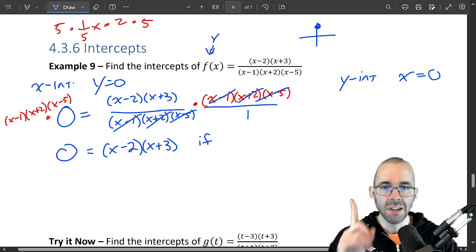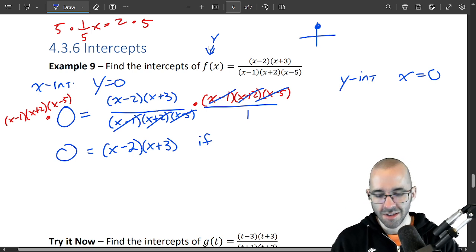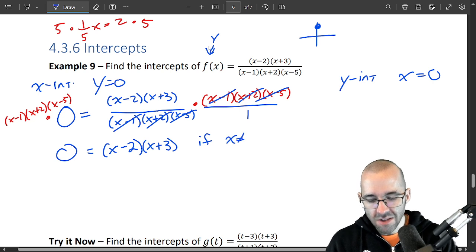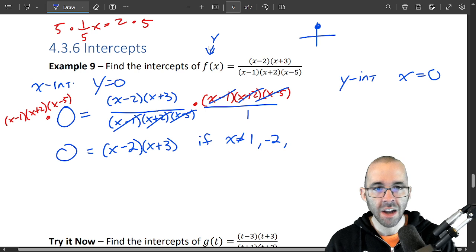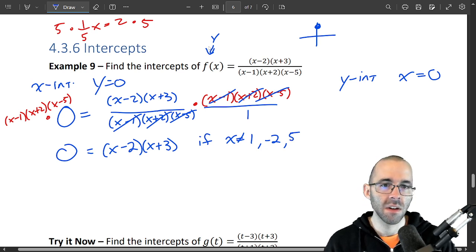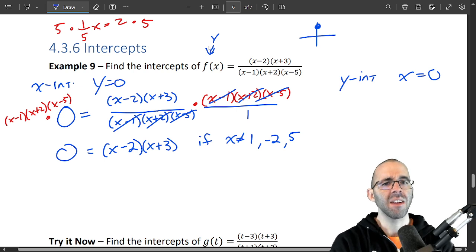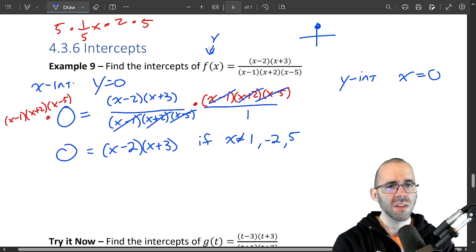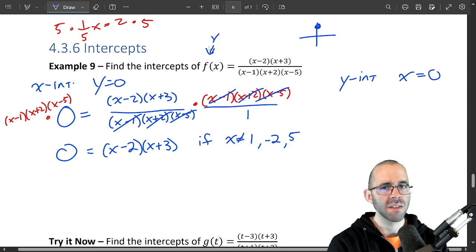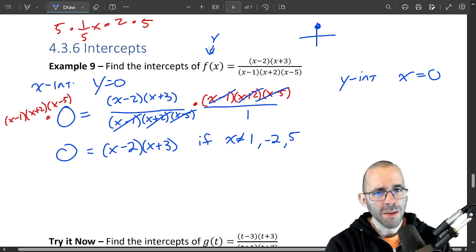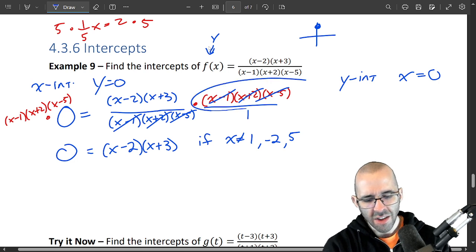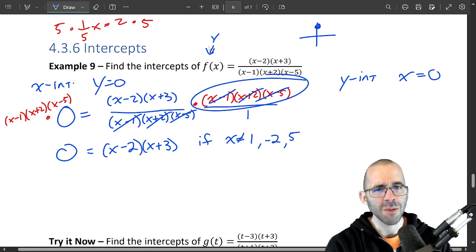Now, this is only true under certain conditions. This is only true if x isn't 1 or -2 or 5. Why can't x be any of these? Because if x is equal to one of these numbers, then what are we multiplying both sides of the equation by?